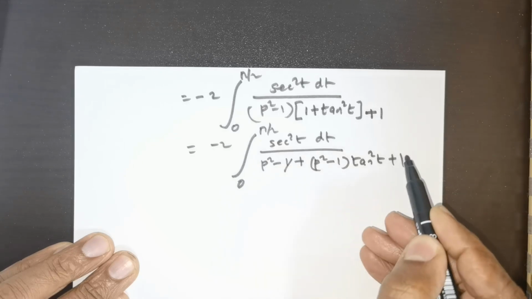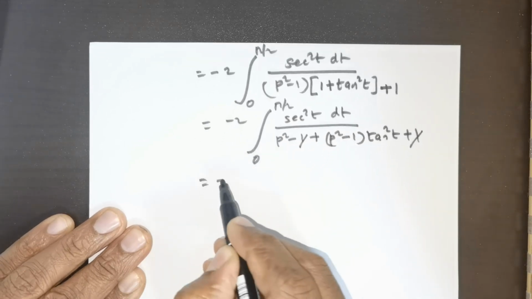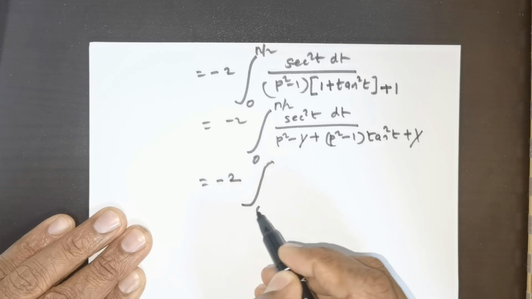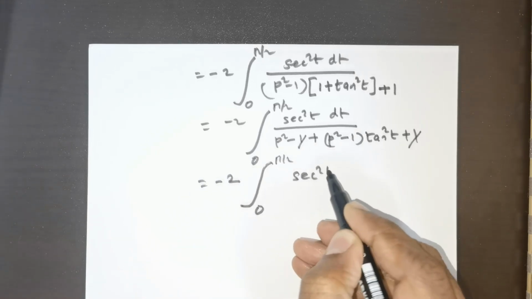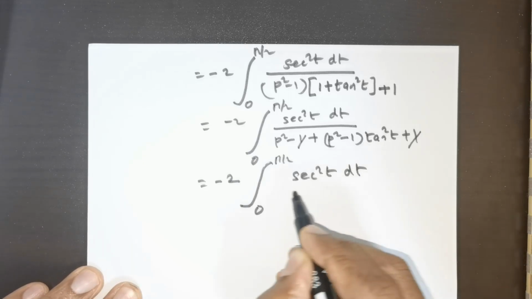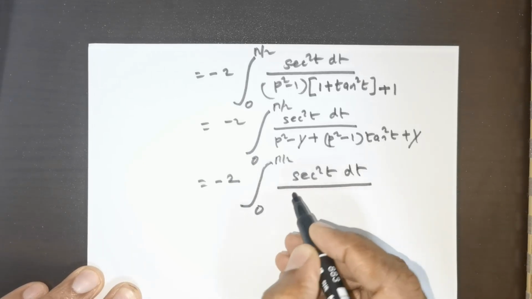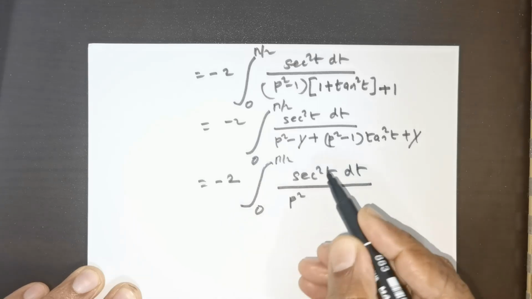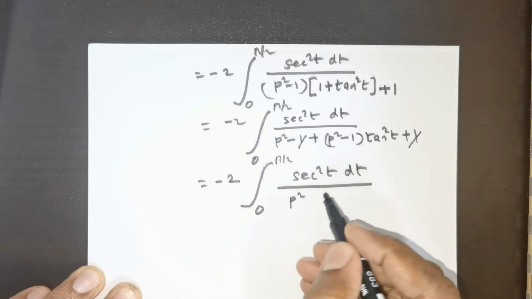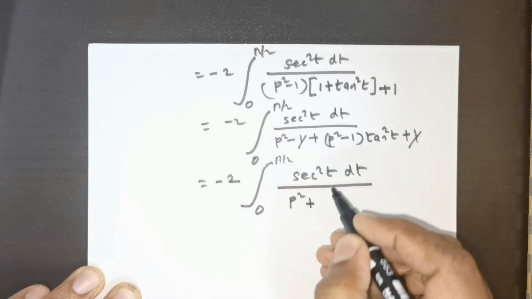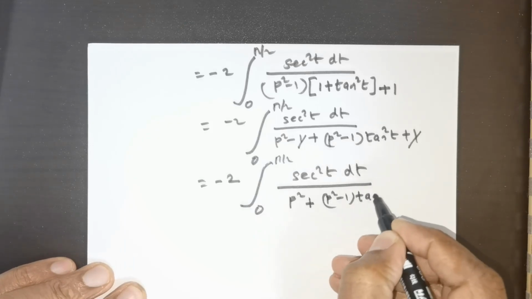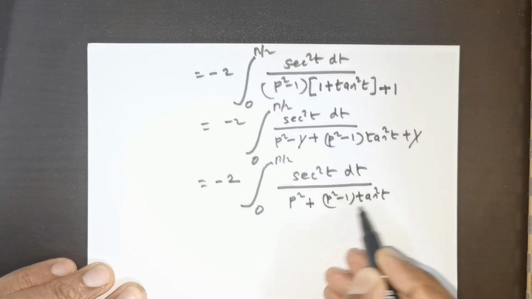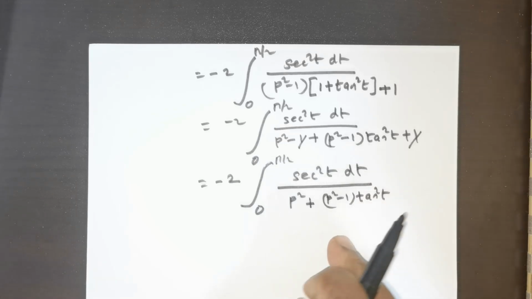Now minus 1 plus 1 gets cancelled, giving me negative 2 times the integral from 0 to pi over 2 of secant squared t dt divided by p squared plus (p squared minus 1) times tan squared t. I know you will be tempted to distribute tan squared t, but don't do that.